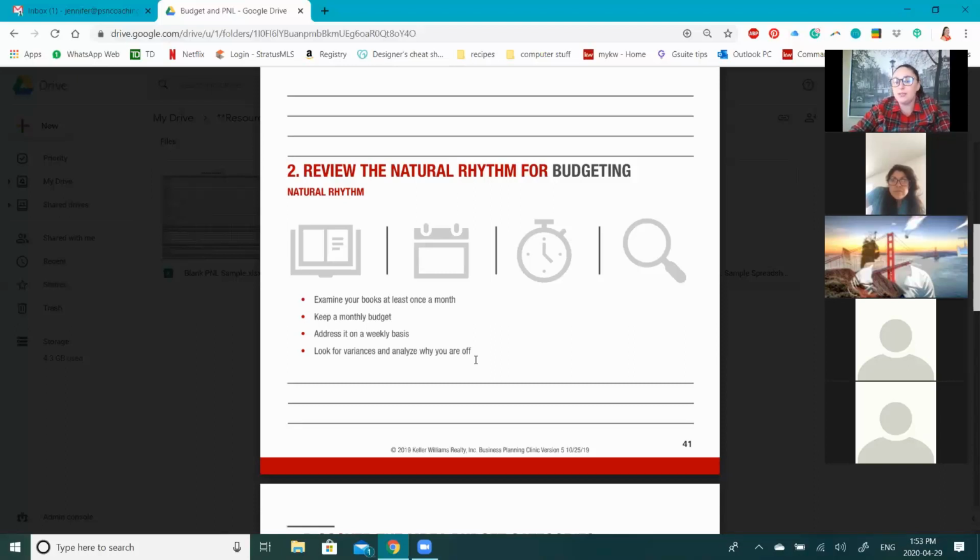So be it. Your cost of sale that month might go up a little bit, but what's the reason for it? If it's a tangible reason, like, hey, I'm going to make $40,000 commission, then it's going to balance itself out. That's fine. But if it's going up just because you're overspending and there's no return on what you're spending, then that's a problem, and that's when you have to adjust, right?